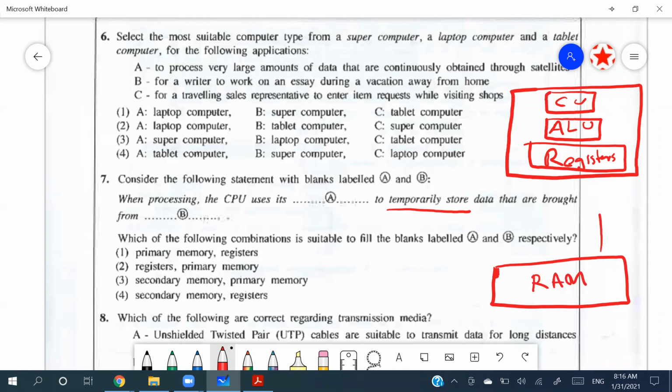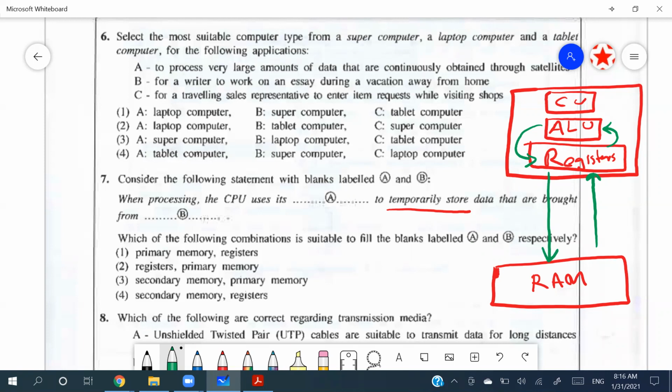From here, the data is given to the registers first, then registers will give it to the ALU, then ALU will process it and give back to the registers, and registers will send it back to the RAM, right? The RAM can get the data and instructions from the secondary storages like hard disk, or from an input device.